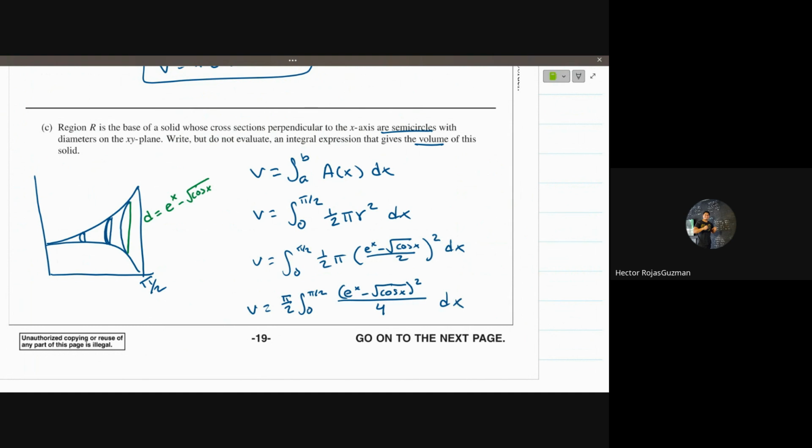And again, you can leave it like this, or you can leave it like the previous step. This is good. And if you wanted to simplify it even more, you can take out the 1/4 out of the integral. And this one is good. All three of those should be fine.